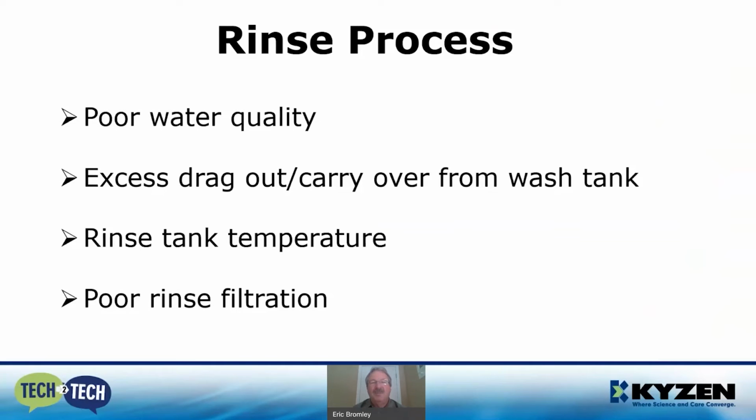So too high a temperature can be a problem as well. And poor rinse filtration is a very common cause. If the rinse tank is allowed to build up the chemicals that are dragged in from the wash cycle or just the soils, if there's not good filtration on the rinse process, it will start to transfer onto the parts and result in spots and streaks.